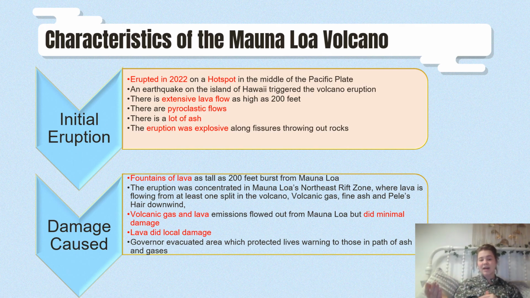There was also ash, and the eruption was explosive. As far as damage, there were fountains of lava as well as volcanic gas. The lava did a lot of the damage, and this was local.